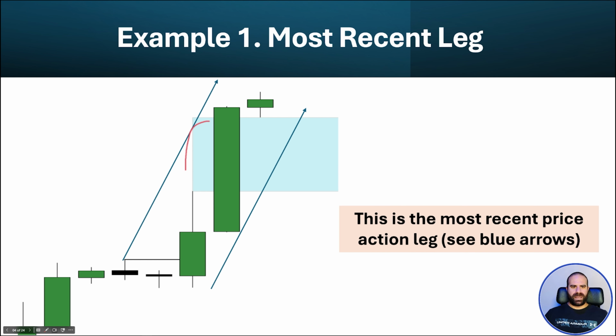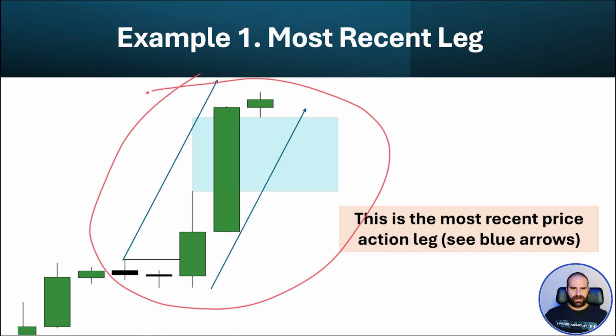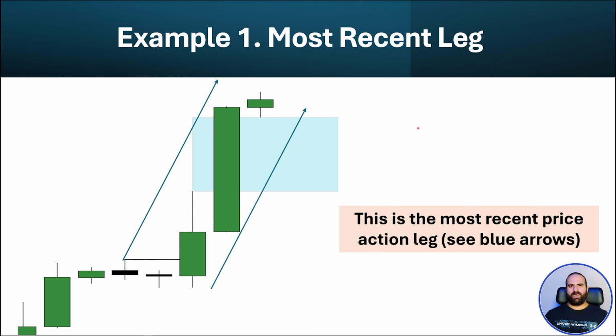And the fair value gap is this area right here, with this being the low of the third candlestick that created the fair value gap, and this the high of the first candlestick that created it. This is the most recent price action leg, as I'm showing with the blue arrows. Okay, bear with me, we also have some beginners in the channel, they also deserve to learn, so we need to say everything in great detail.